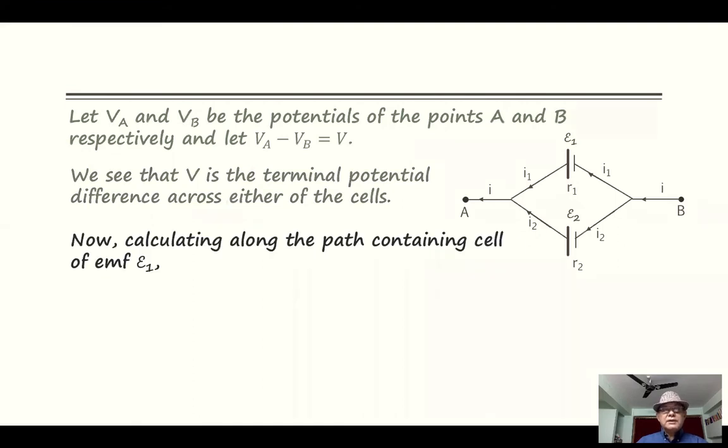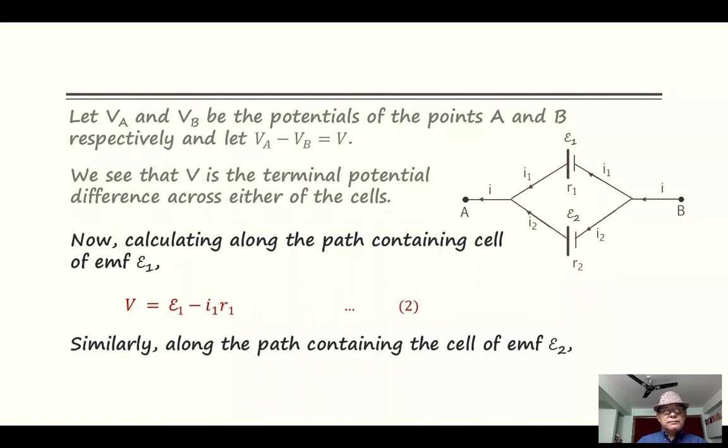Now, calculating along the path containing the cell of EMF E1, V equals E1 minus I1 R1. We call it equation 2. Similarly, along the path containing the cell of EMF E2, V equals E2 minus I2 into R2. We call it equation 3.